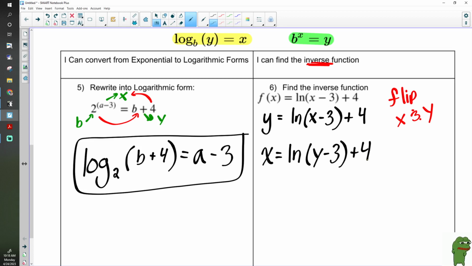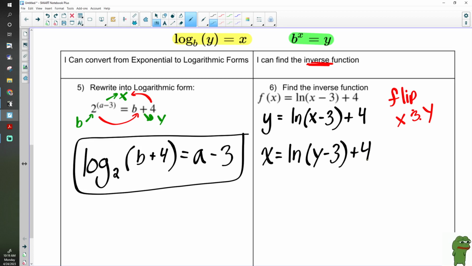I see one issue. Why can't I start labeling my x, my y, and my b right now? If you look up here at the little formula they give us, is the log all by itself over here? It is. This is all the log. Here, is that true? What's extra over here? The plus 4. So before we do anything, what should we do with this?